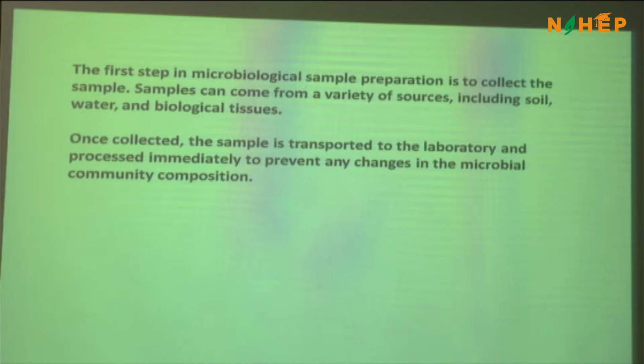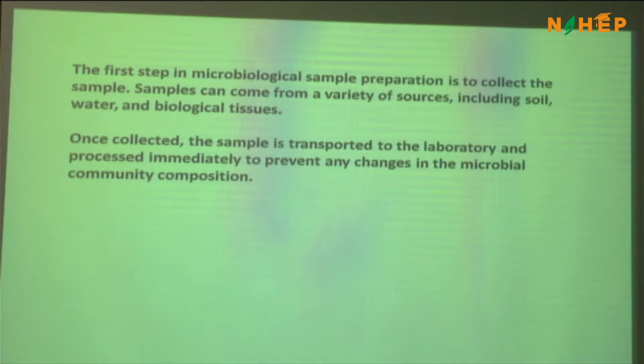That means the leaf is not in the original state. So this is one of the reasons why I am suggesting that whenever the sample is collected, it needs to be processed as soon as possible, right? Preferably on the same day, correct?